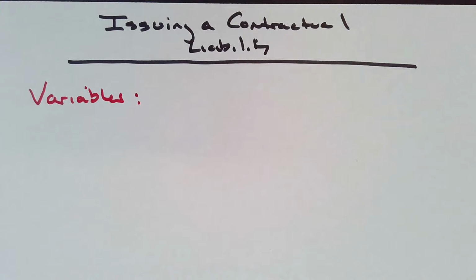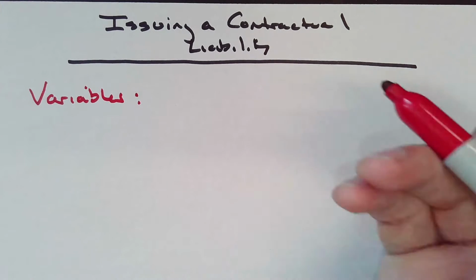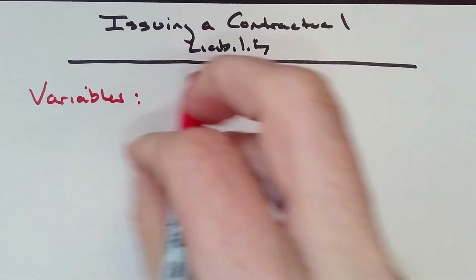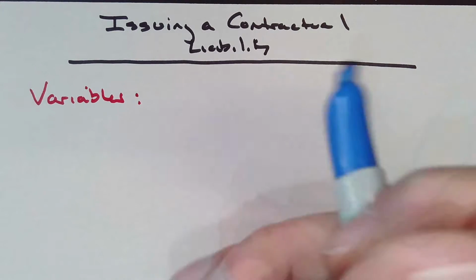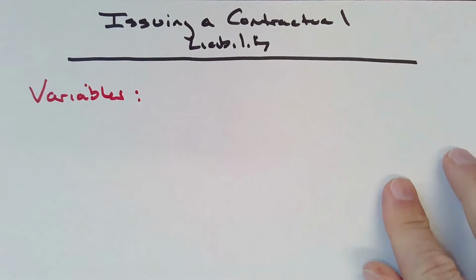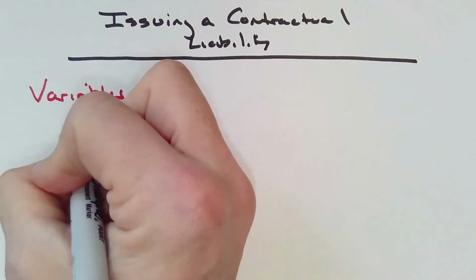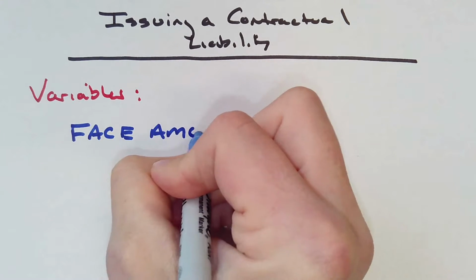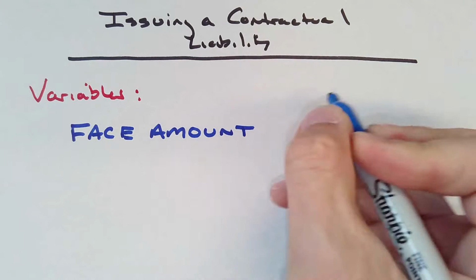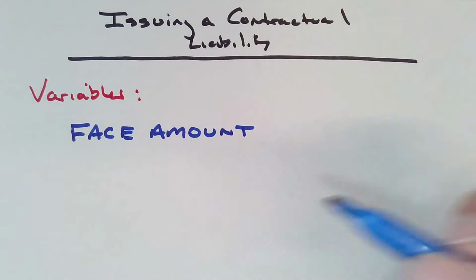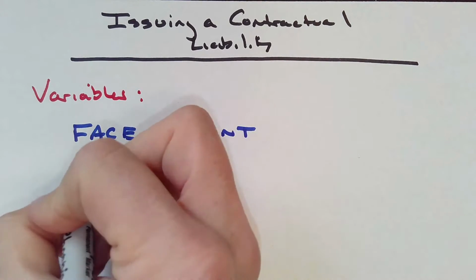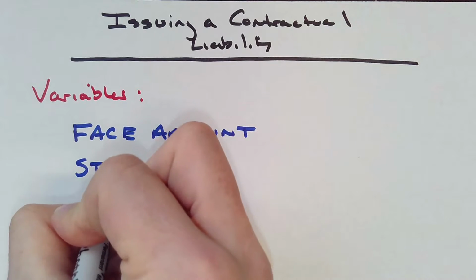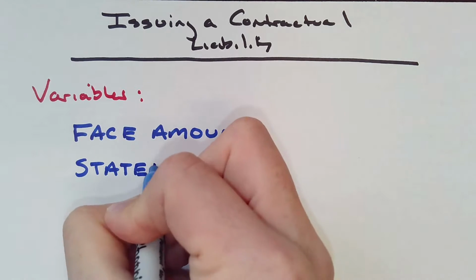Okay, so one of the variables obviously has to be the face amount of the debt. Also, they probably want some kind of an interest rate. We probably need a stated interest rate.